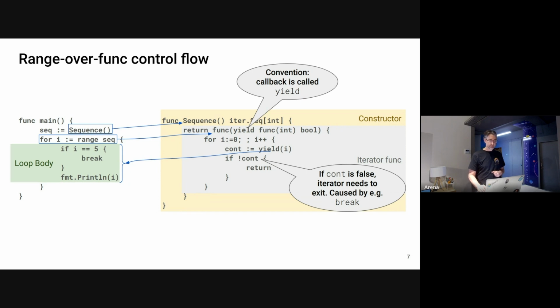And this function that is used to hand over the control flow to the loop body is called yield, and this is basically a convention put in place by the Go team, and I recommend to stick with that for better readability and maintainability of your code.